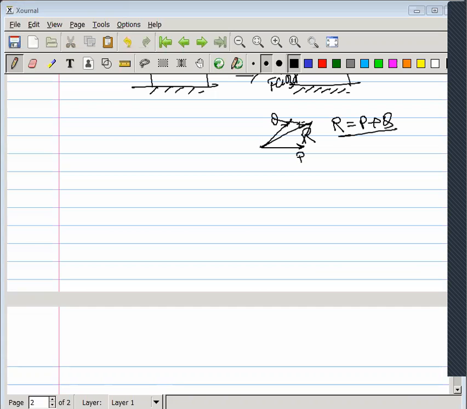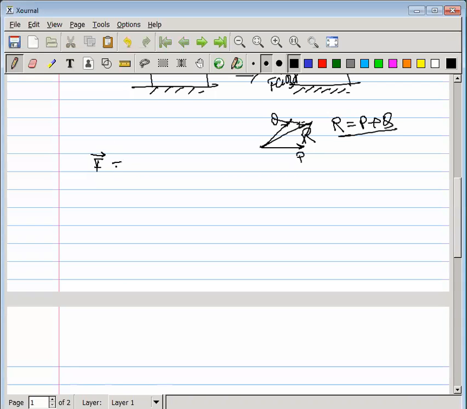Okay. So up to this, R is equal to P plus Q. Now I already told you that this is your force vector. Suppose you want to define that force vector in the coordinate system, where this is your x, this is your y, this is your z.